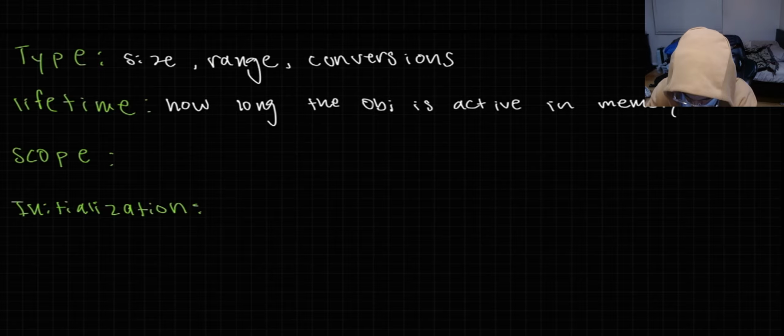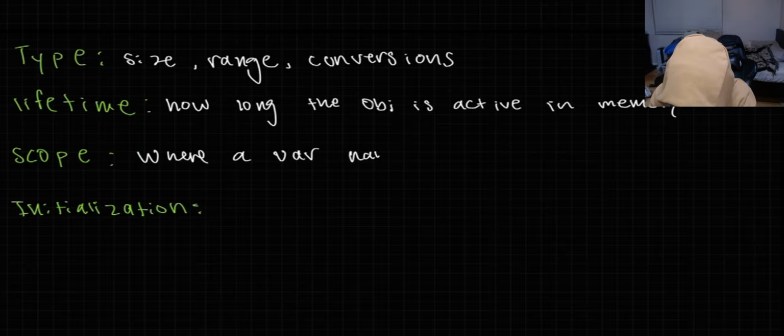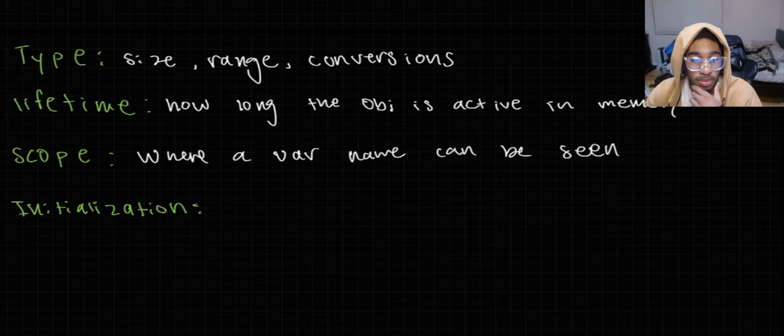Your scope is where a variable name is visible. Where a variable name can be seen. There's different types of scopes. There's inner scope, which is a scope that is nested inside of another scope.